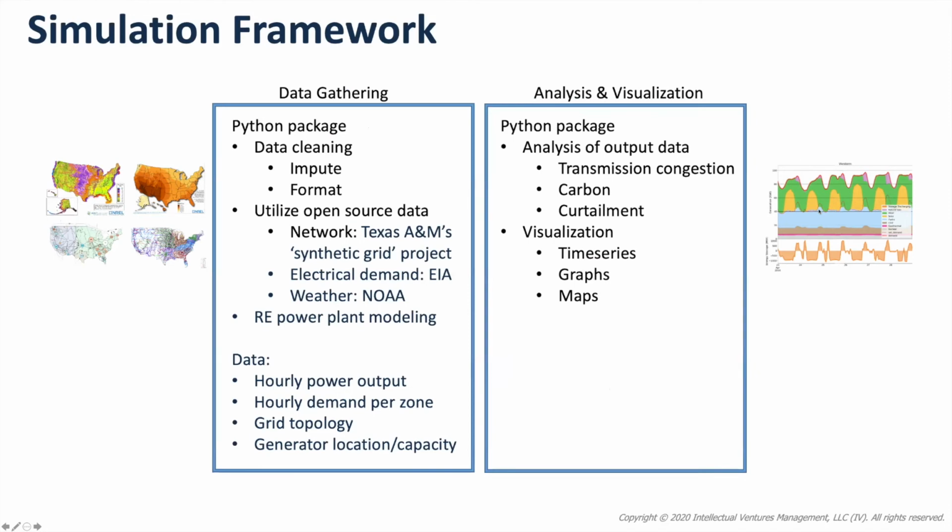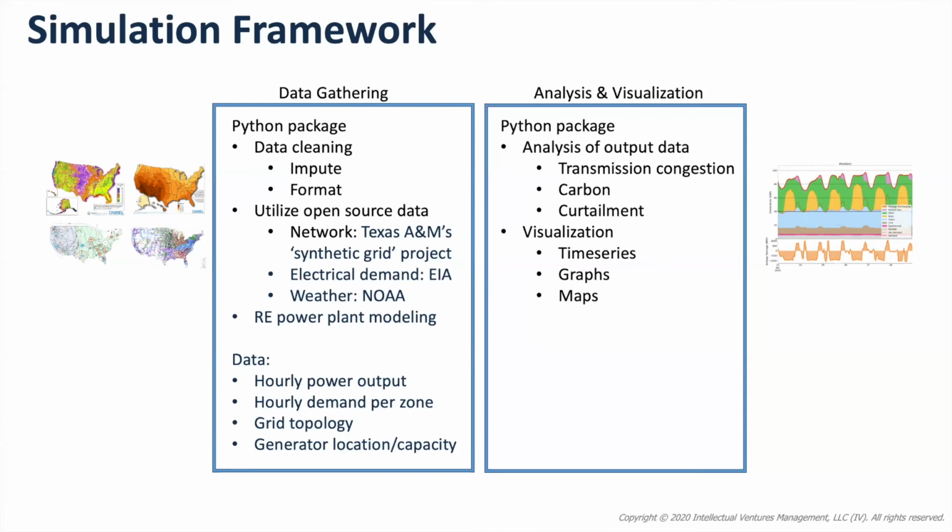A bit more into details. We have built these Python packages for the data gathering part. So we gather network data, electric data, all input data that we need. We clean it, so impute missing data, and we format it, the whole story. The data that we have is hourly power output, hourly demand, grid topology, and generation location and capacity.